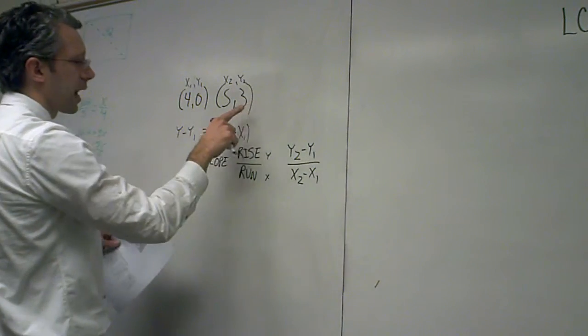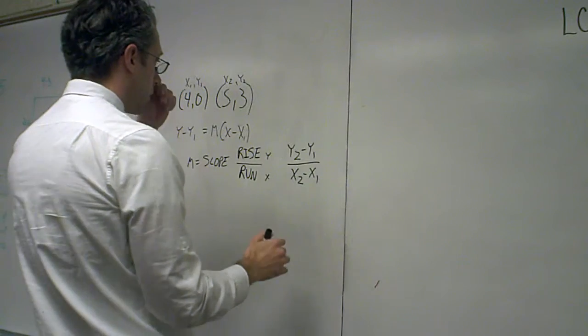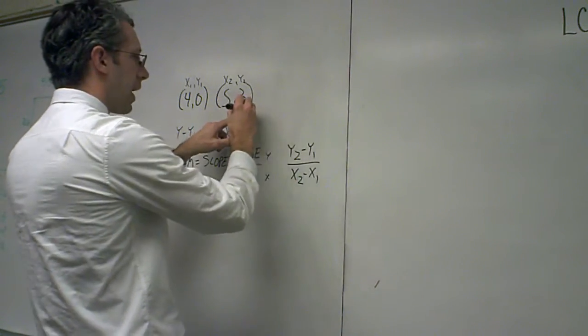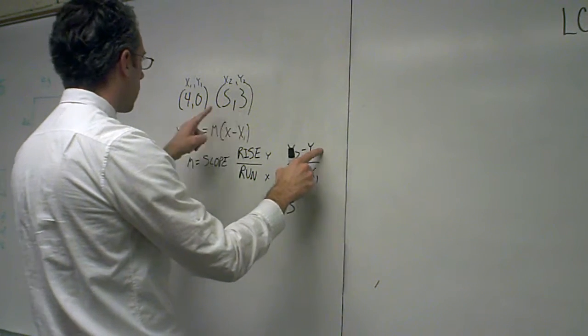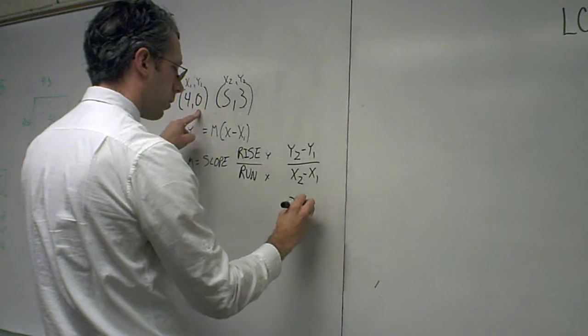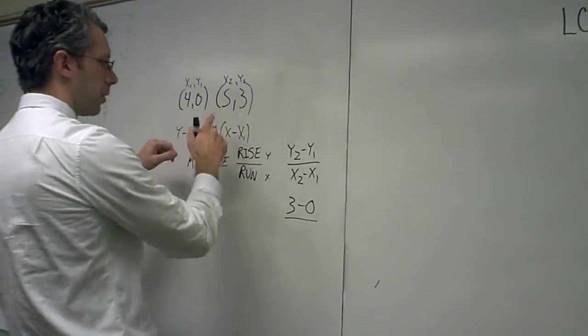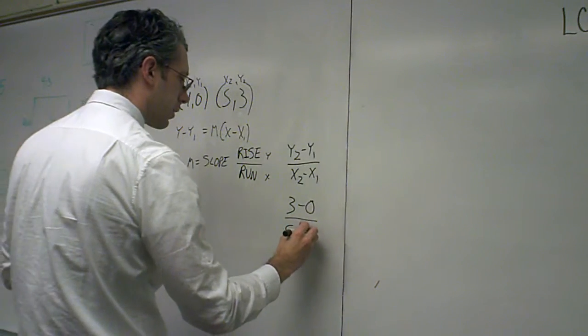So let's take these guys right here and bring them back into the problem. y2 right here is 3. Okay, so there's 3. We're going to minus y1, minus 0. There's y2 and y1. Now we have to do x2, which is 5, and x1, which is 4.